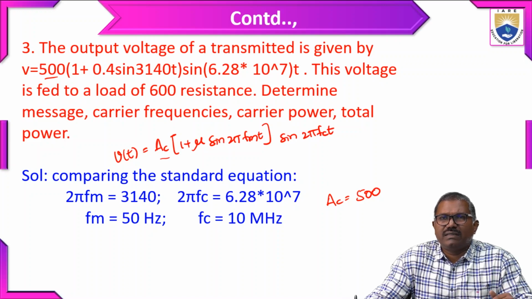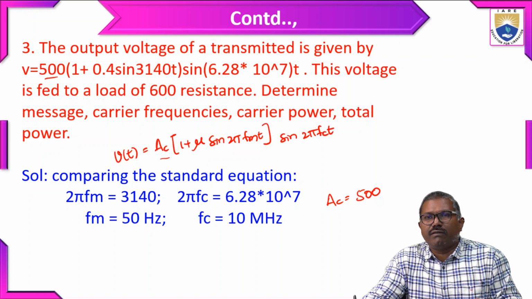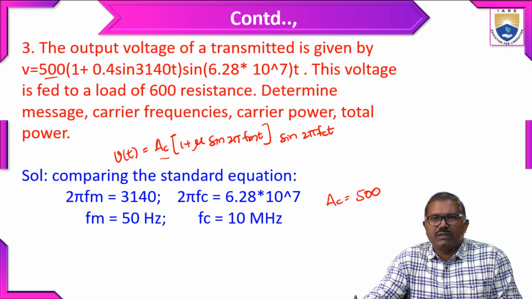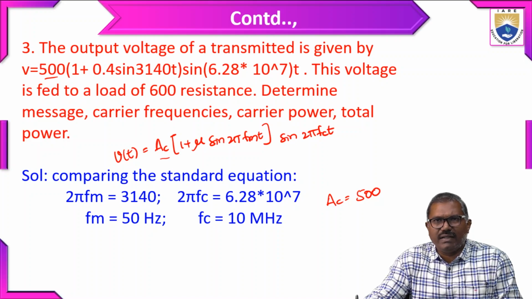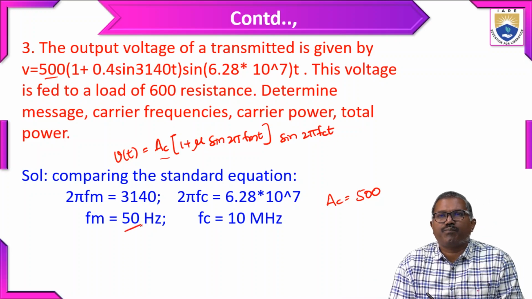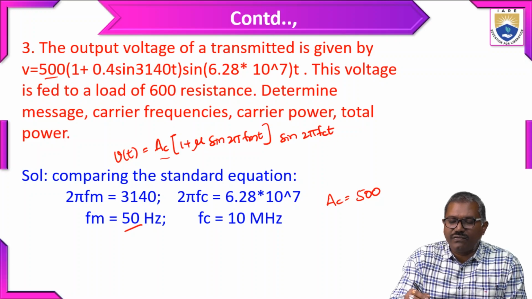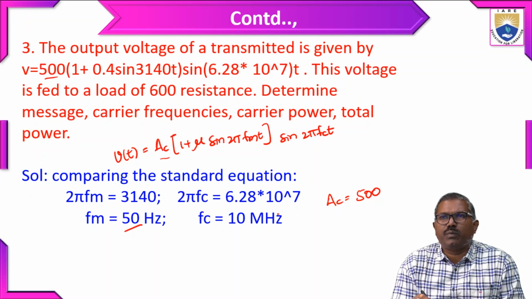And again, sine 2 pi fm t. So 2 pi fm is equal to 3140. By using a calculator, you can find the fm value. So fm value is 50 Hz. And again comparing the carrier frequency, 2 pi fc is equal to 6.28 into 10 power 7.